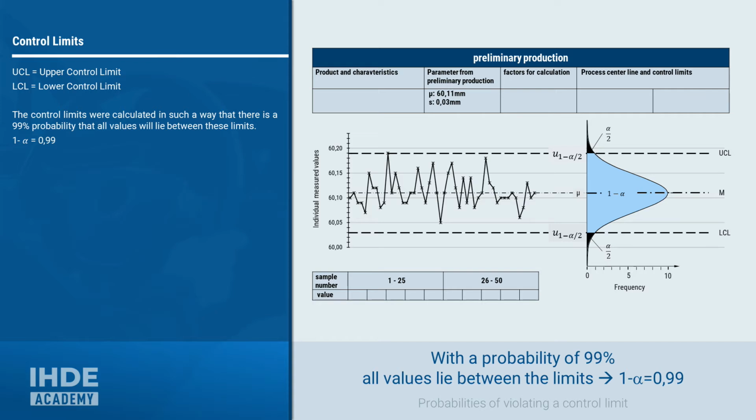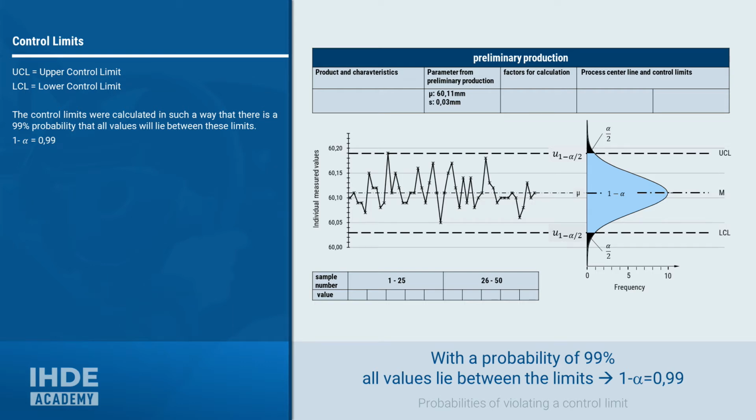The probability distribution shown here also stands for 100% of all measured values. The area under the curve contains 100% of all values. However, the calculation is based on the relative probability, which is then 1.